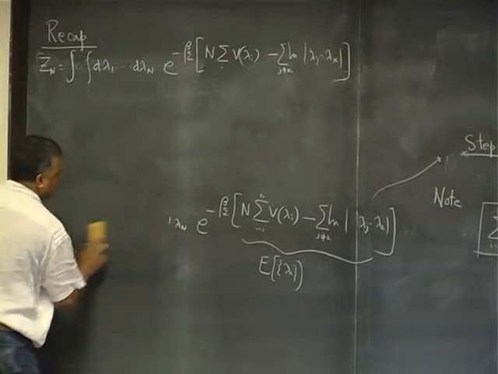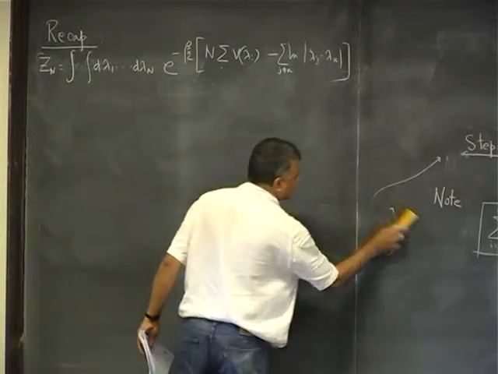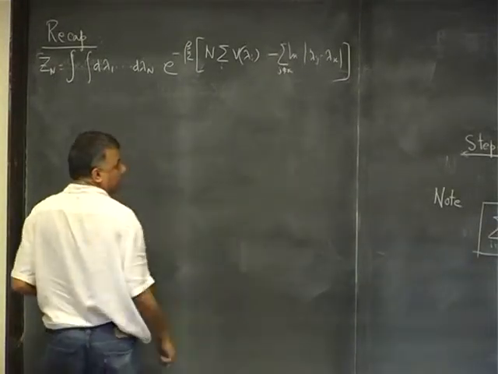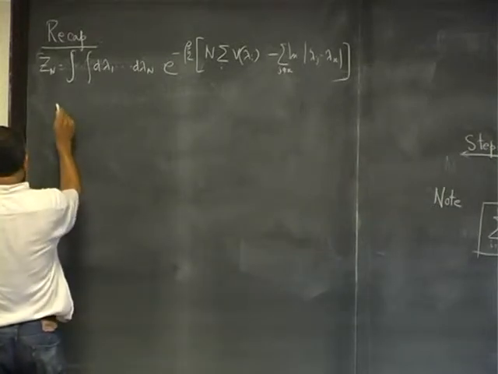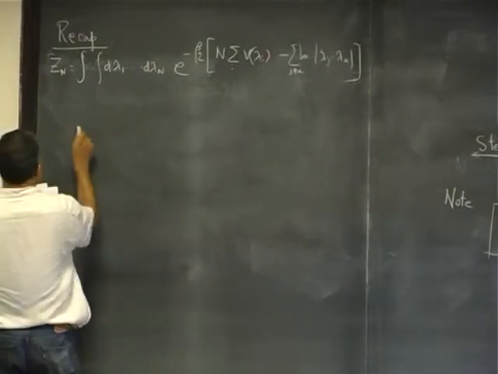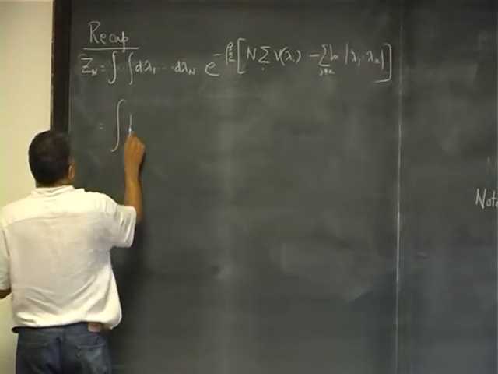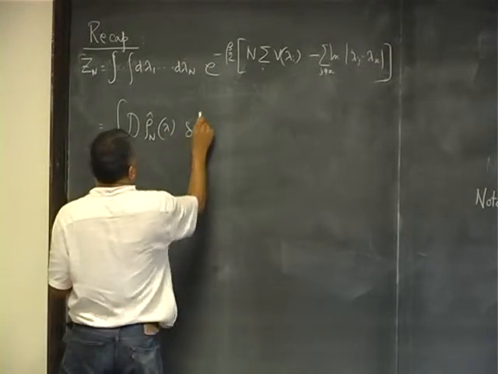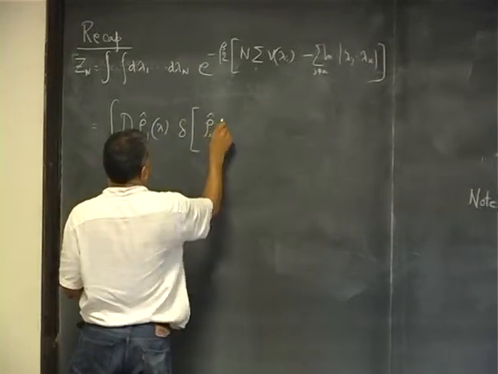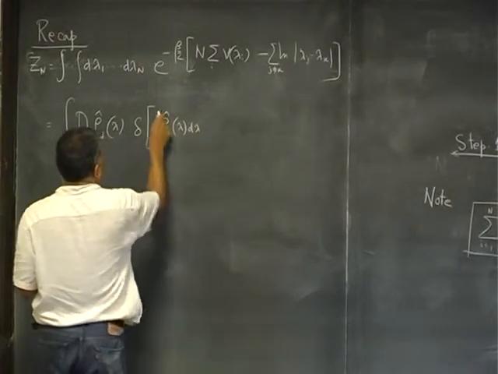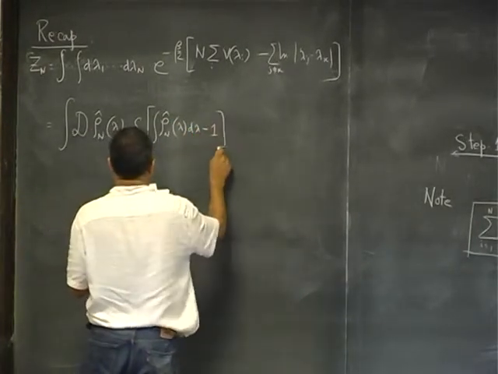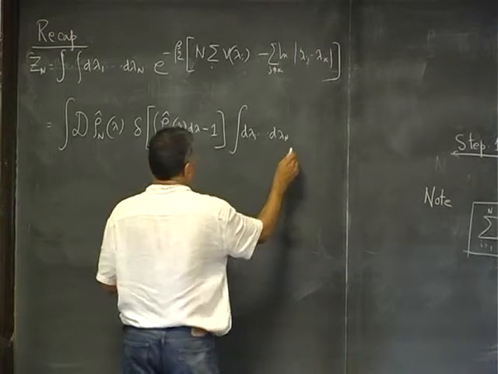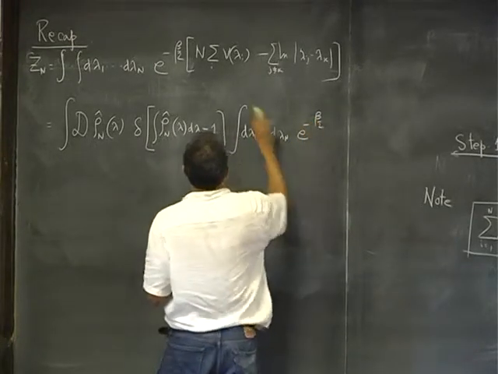So then I can erase this part. So what this step 2 means is the following, that I'm taking this partition function, this multiple integral. I'll write mathematically these things that I wrote down there. This is the energy.